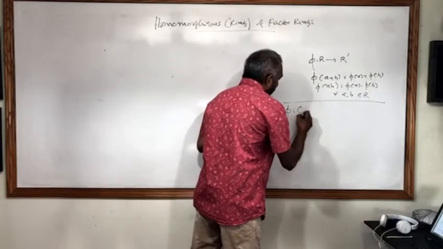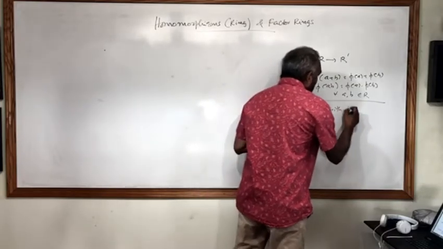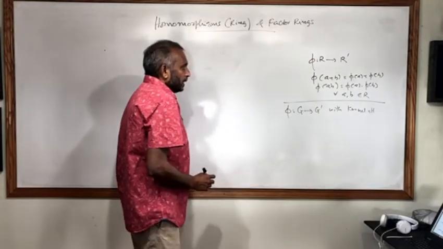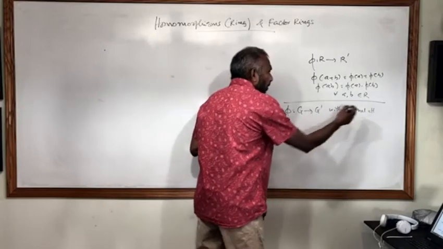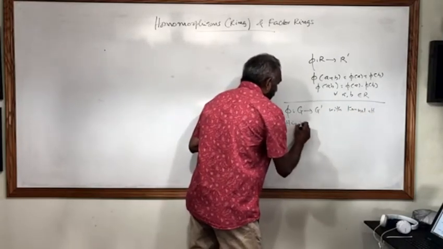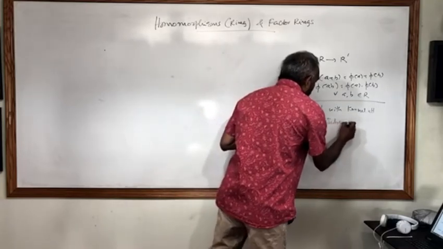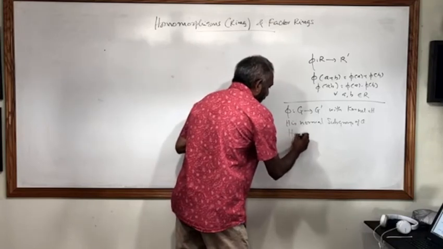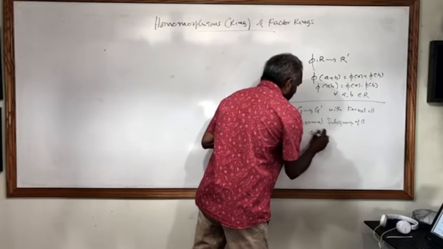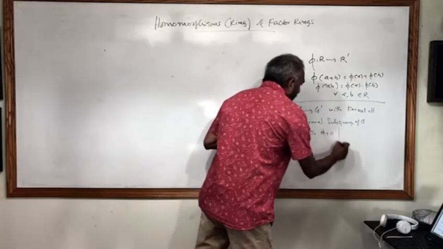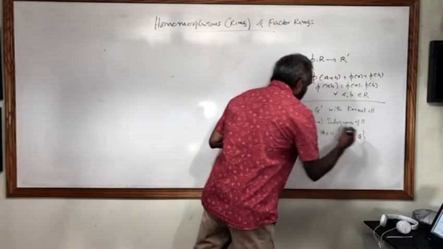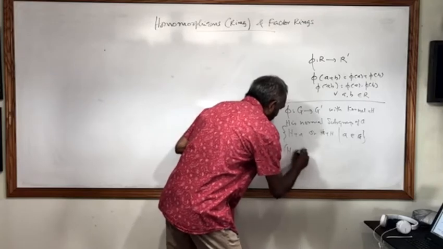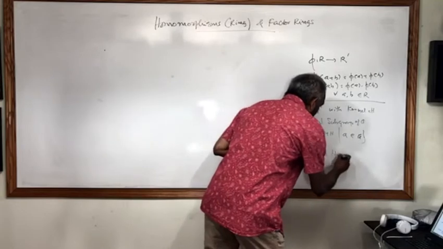We defined a group homomorphism with a kernel H. Then we took the left or right cosets of H. By the way, H is a normal subgroup of G, and what we did is we took the left and right cosets, which are both the same, A plus H, or the collection of all cosets, and we defined an operation like this: A plus H plus B plus H is equal to A plus B plus H.